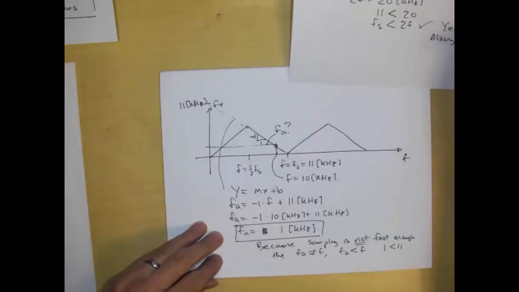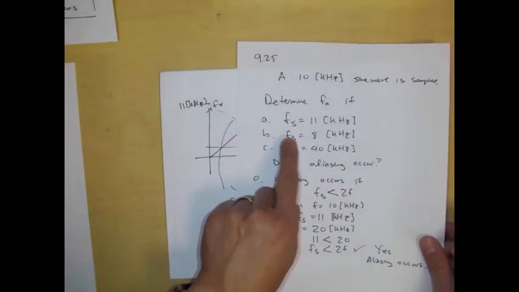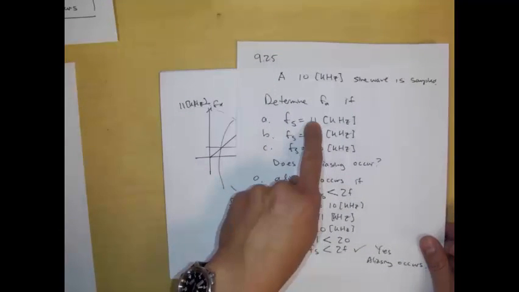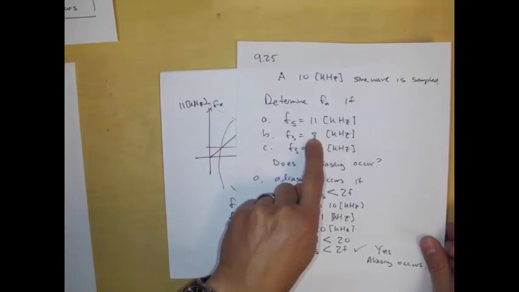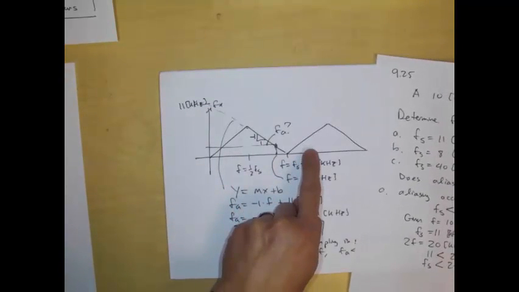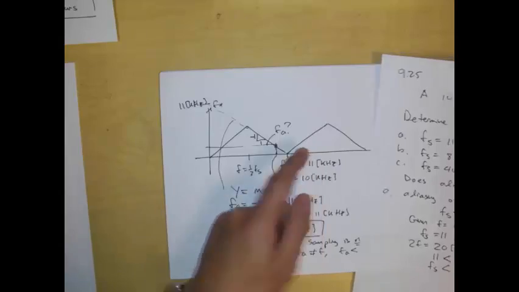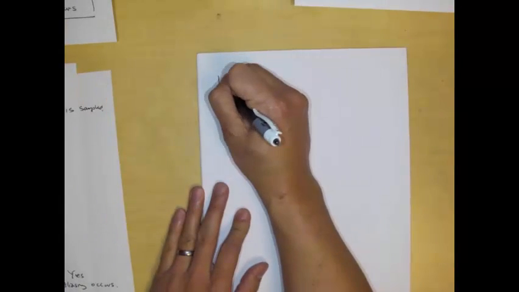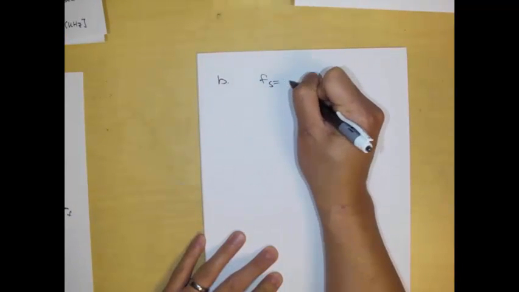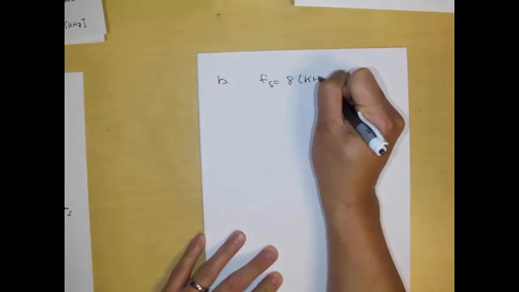Let's do part B here, and so we look at part B asks for 8. Well, definitely if 11 wasn't fast enough, 8's not going to be fast enough. We're probably over here. Okay, are we going to get aliasing? For sure, I'm pretty sure. So let's go back to here. So part B, FS is equal to 8 kilohertz now.